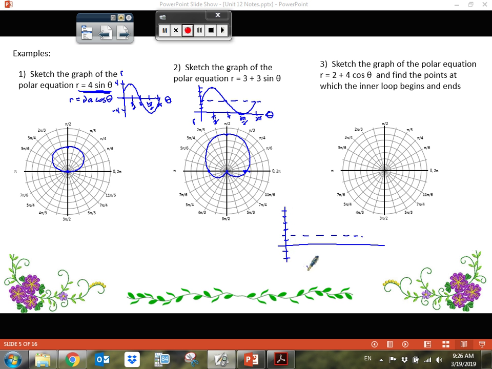We're still going to use the same locations: pi over 2, pi, 3 pi over 2, and 2 pi. And cosine, if you recall, starts at its maximum value, right? It starts up and then goes down to its minimum value and then goes back up.